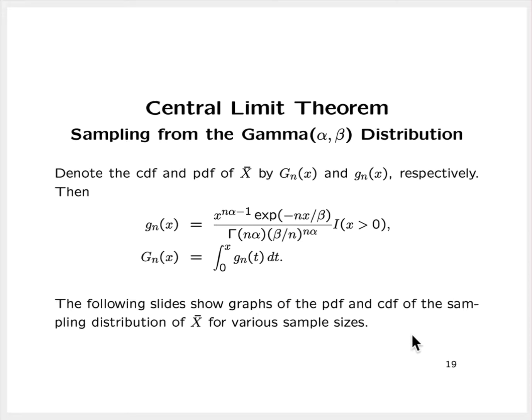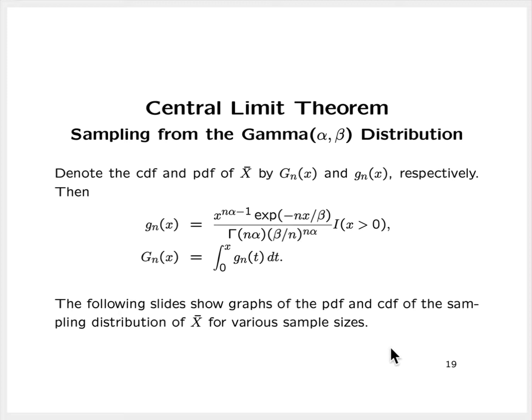Okay, and because we know this PDF, and we can approximate the CDF, we can graph these functions. For example, SAS has the gamma PDF and the gamma CDF built in.